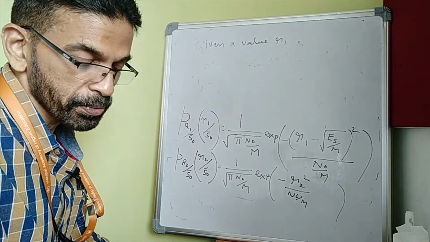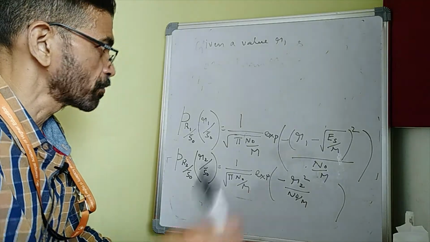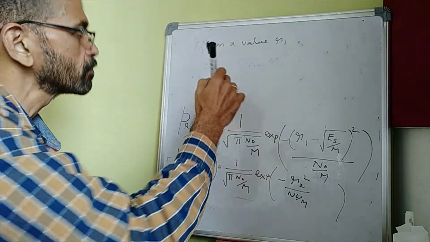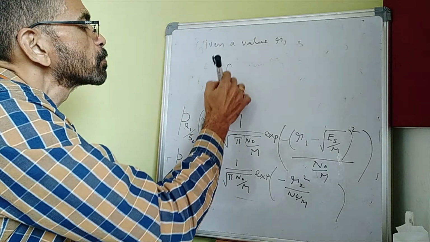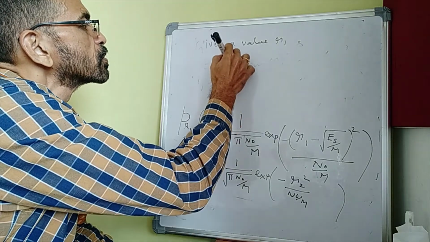Let's first find out what is the probability that R2 takes a value less than R1. So for R2 to take a value less than R1, the probability of that happening is this.